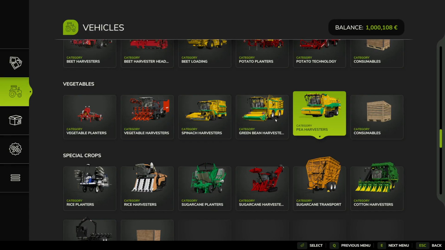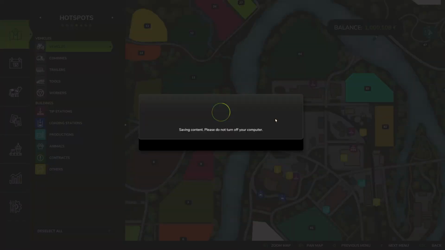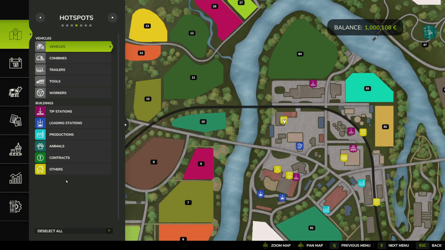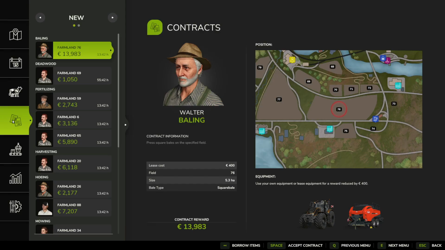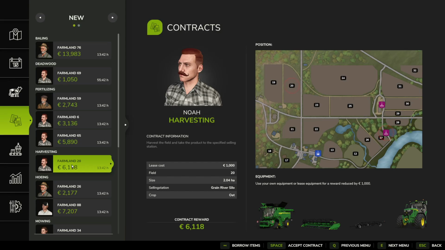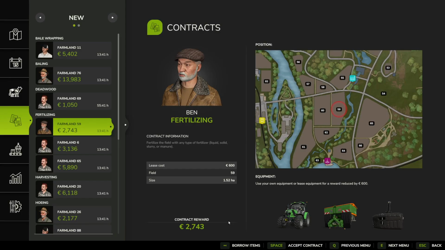I don't know whether we have a pea contract, but I guess you have an idea now about the prices of renting. And here we have a harvesting contract, and you would get all this machinery. So it should go back.